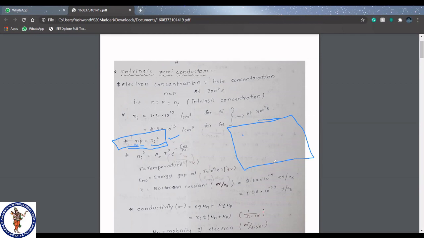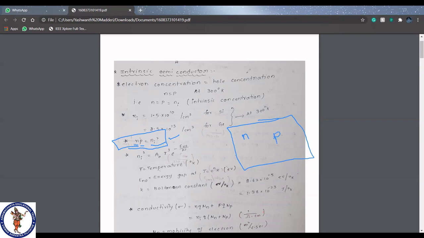For example, in this semiconductor bar, let's say n is the electron concentration and p is the hole concentration. Make sure that electron concentration is not always equal to hole concentration. That is valid only for an intrinsic semiconductor.